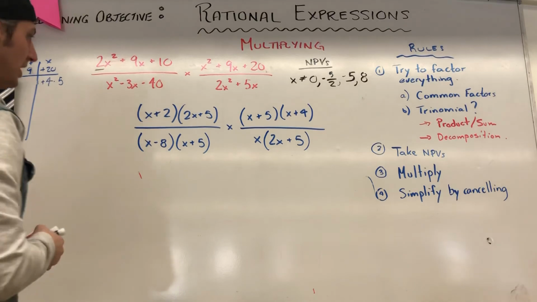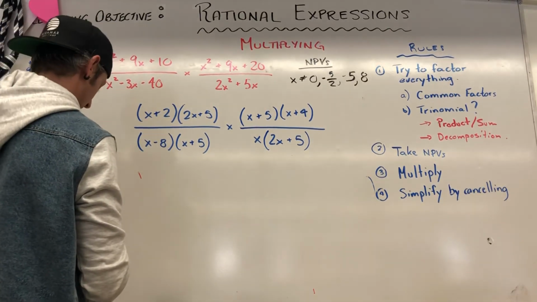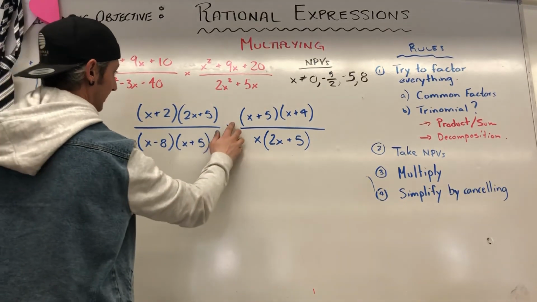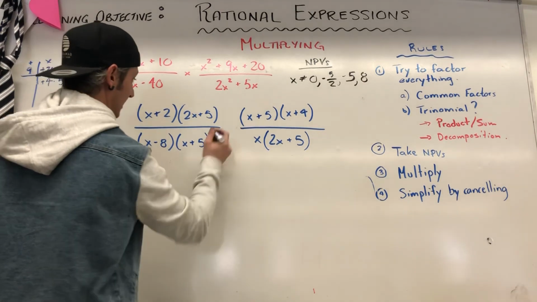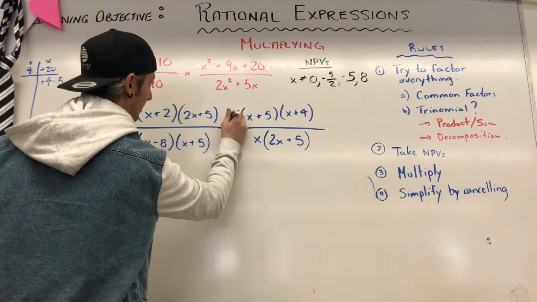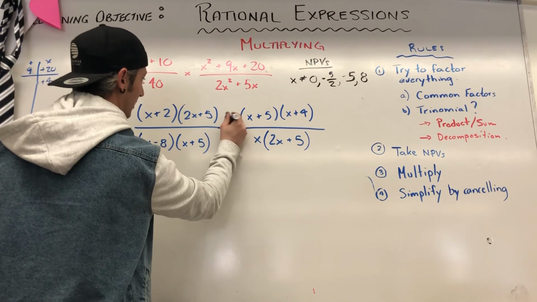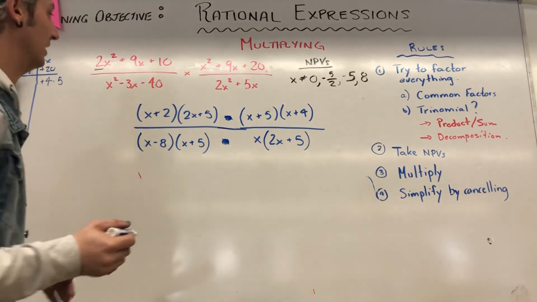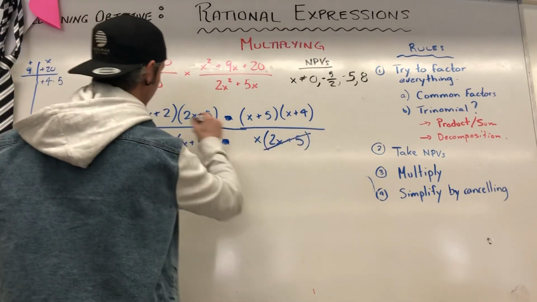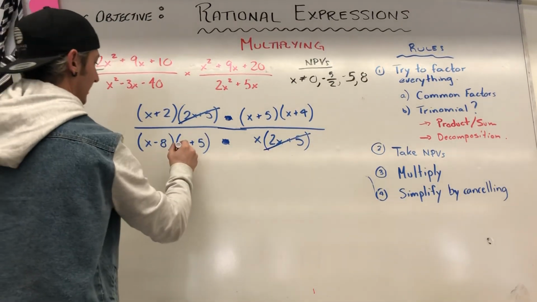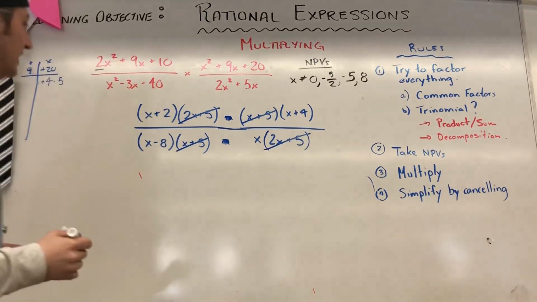Now I can multiply, and I'm just going to erase that, and I'm going to put the multiplication up here and over here. I'm going to make it a big dot. That's my multiplication, and I'm just going to go ahead and cancel right now because I can see that that's going to cancel there, and x plus 5 is going to cancel there. And that's all the canceling I can do.